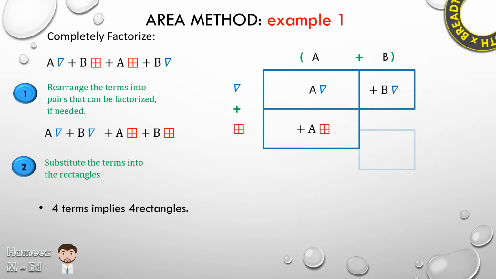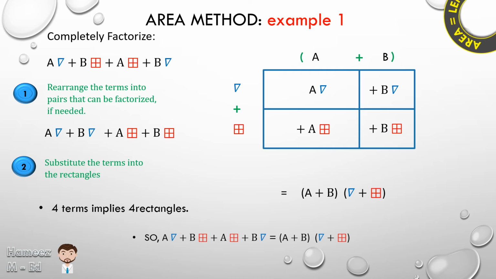And similarly for the fourth rectangle, it will be B times window, it is B window. Therefore the length and the width of these rectangles is A plus B and triangle plus window.